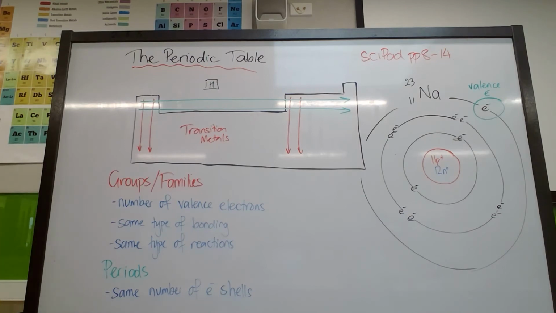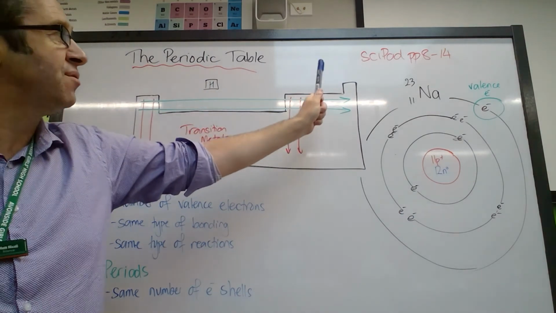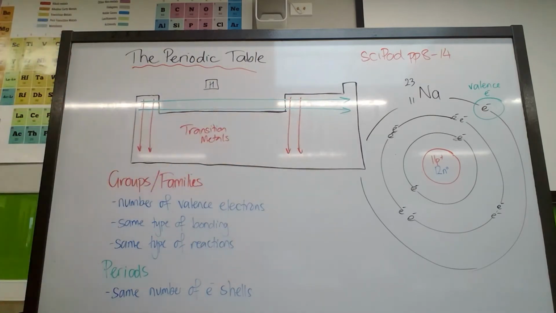Their differences in chemical reactions can be determined by how full or empty that second shell is. Lithium, beryllium, boron, carbon, nitrogen, oxygen, fluorine, and neon all have 2 energy levels, and their valence electrons are all in the second energy level, second electron shell.